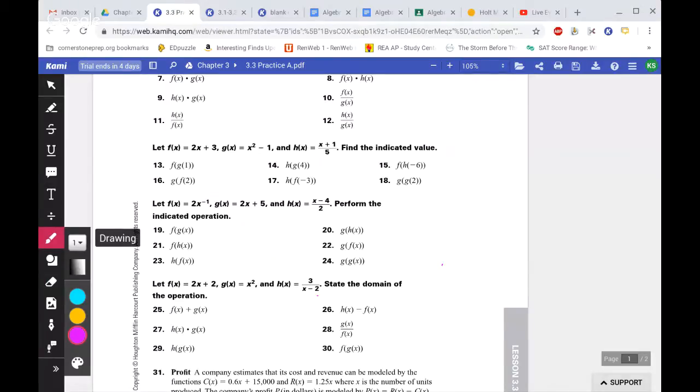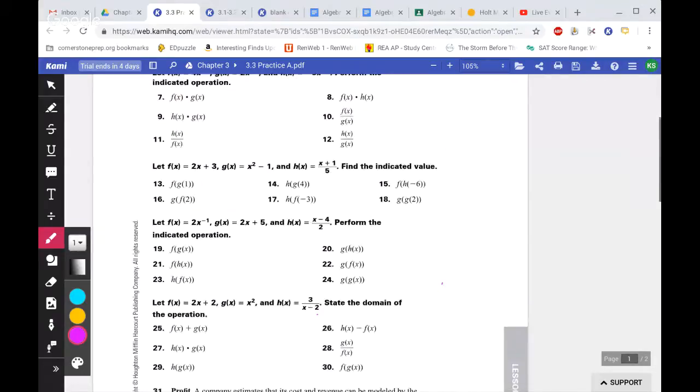I'm trying to find something that's relatively simple, but none of these really are. I'll just make one up. F of x divided by g of x, and let's say the result is 2x plus 5, and let's just say that f of x is 2x plus 2. Okay? So we're actually using this function and this function.